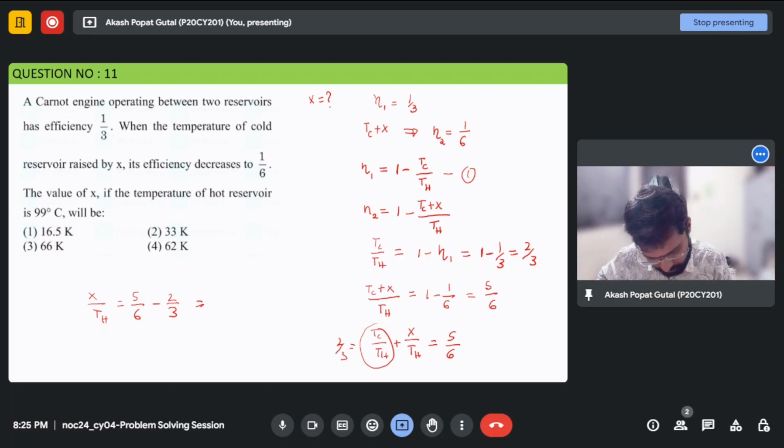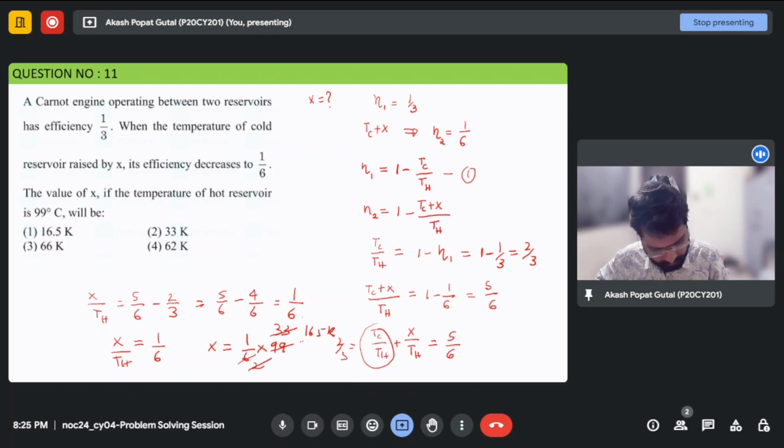Yes, 2 by 3 is 4 by 6. 5 by 6 minus 4 by 6 is nothing but 1 by 6. So x by Th is equal to 1 by 6. So x is equal to 1 by 6 into 99, which is 16.5 Kelvin. So x is nothing but 16.5 Kelvin. The answer will be option A.